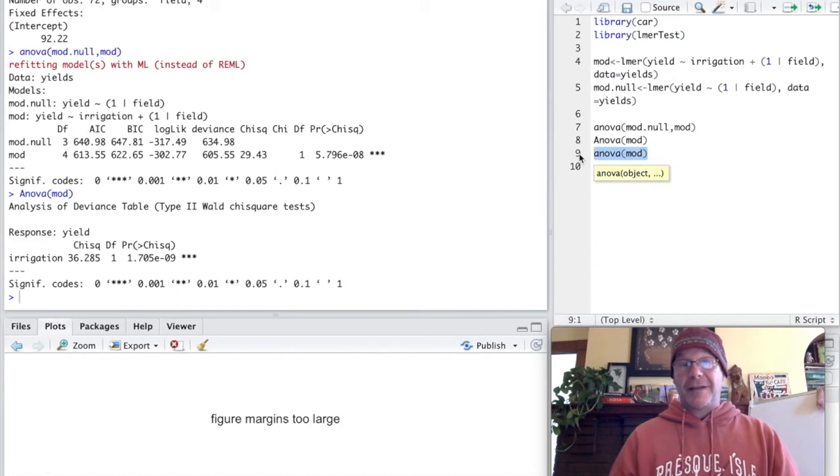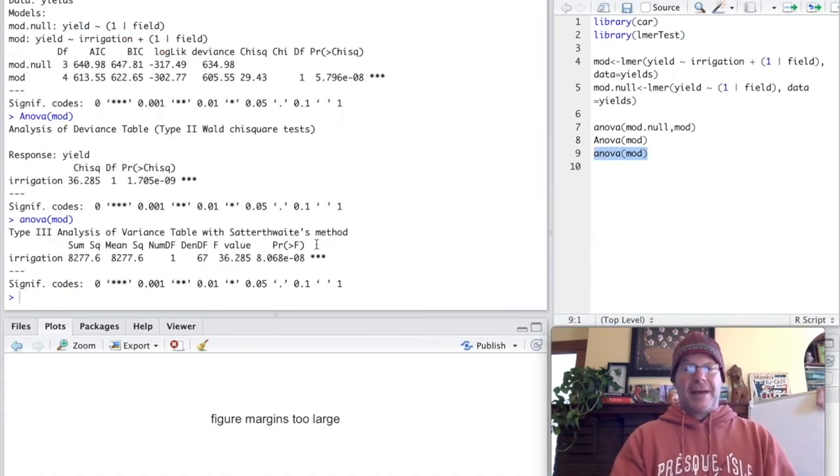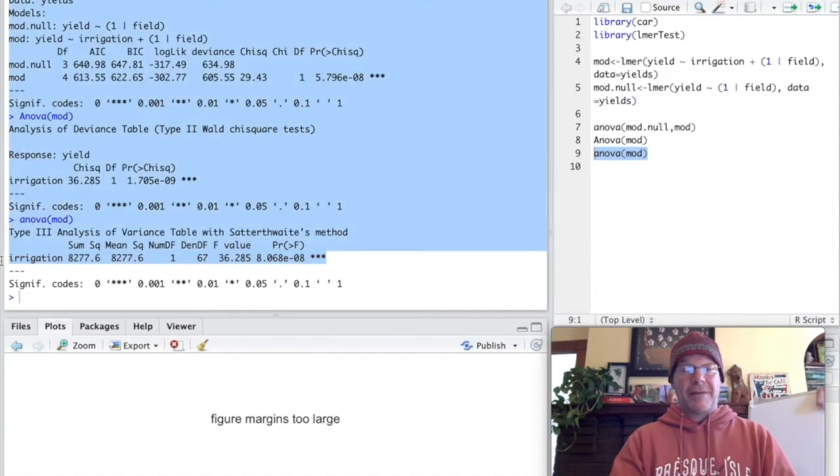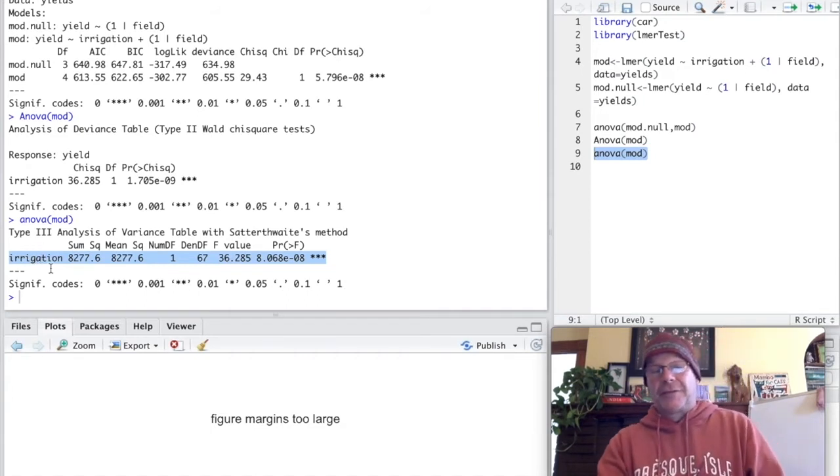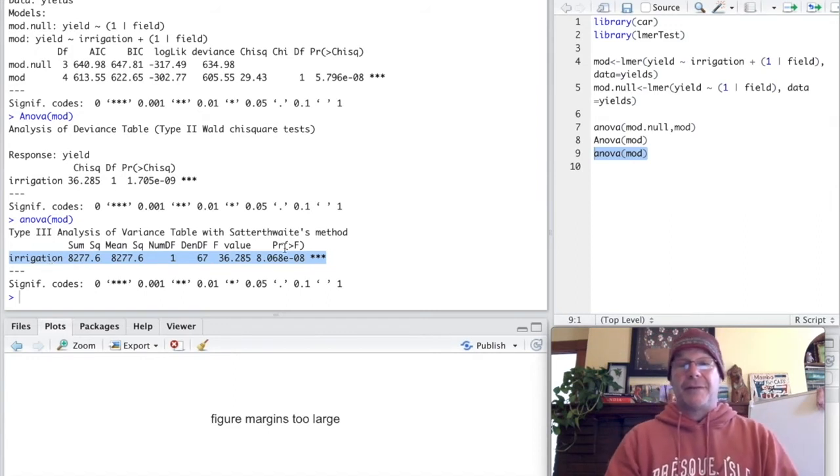R will recognize that we want to use the lmerTest anova function, and it does more of a traditional method of hypothesis testing, where here again we reject the null hypothesis that there's no effect of irrigation and accept the alternative that there is some effect of irrigation.